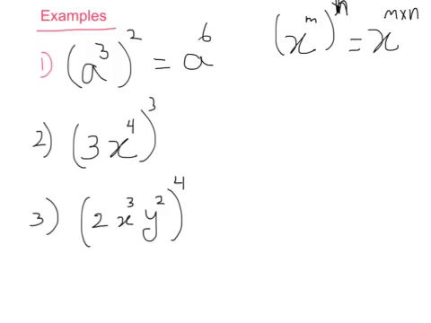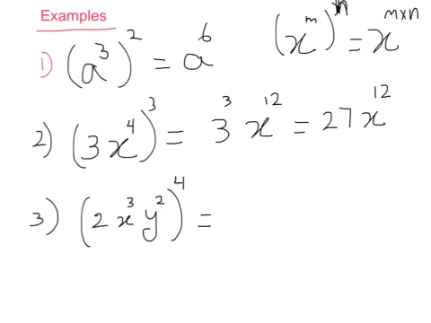Now the common mistake that normally happens with the students, they will multiply 3 by 3 and they say the answer is 9. No, it's incorrect. So it's 3 to the power 3 in this case. And x would be 4 times 3 to the power 12. So the correct answer is 3 to the power 3, which is 27, x to the power 12. And it's not 9 x to the power 12.